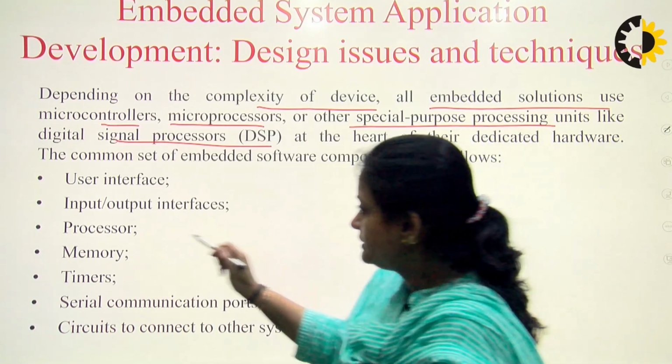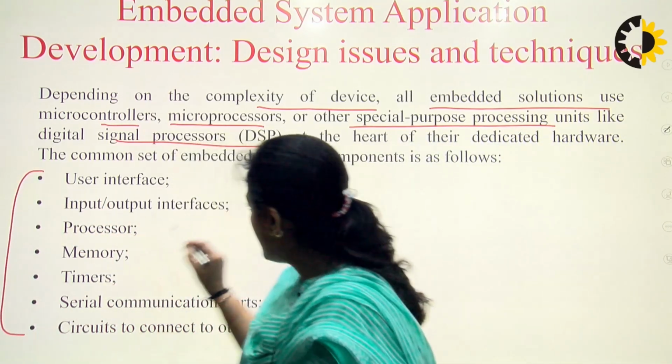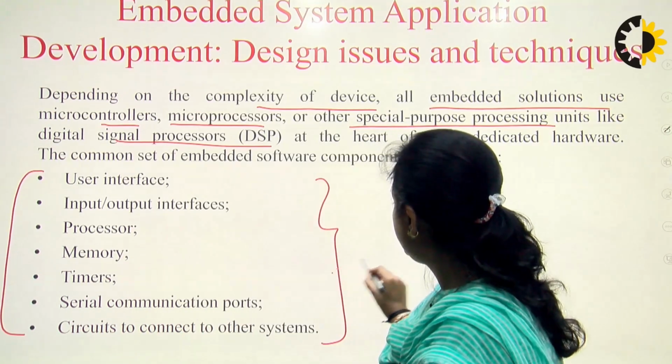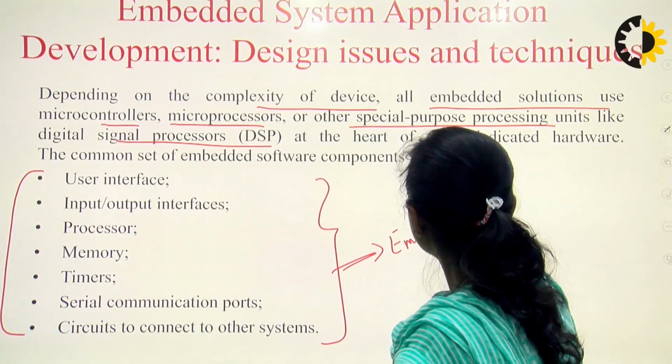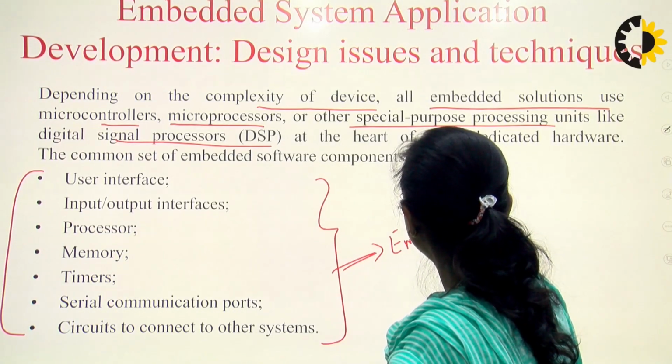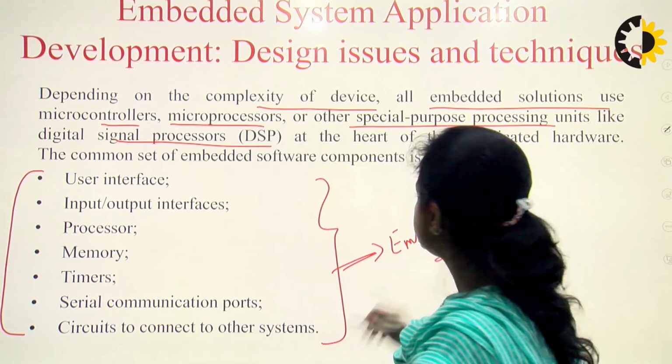Now, there is a list of various components. All these components, when added together, compose your embedded system. An embedded system is made up of all these components.